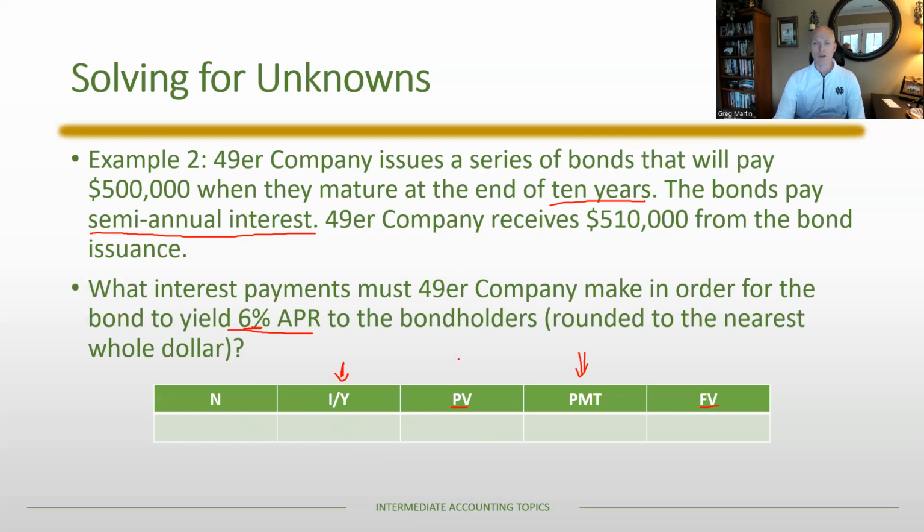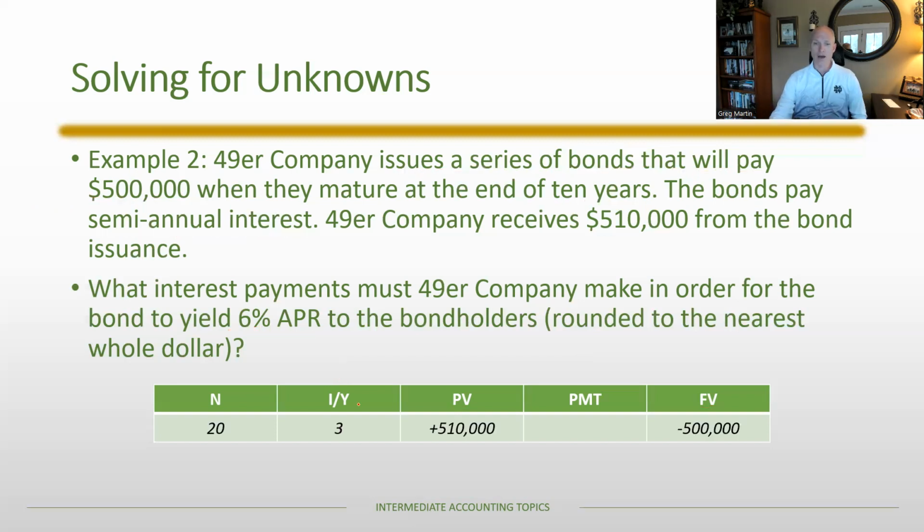And then we have to think about, what is the cash flow today and what will the cash flow be in the future? Well, when you issue a bond, just to get you used to the terminology, what that means is I'm agreeing to pay $500,000 when the bond matures. So that is the future value of the bond. That's money out of my pocket in the future. And then today, I'm going to receive $510,000.